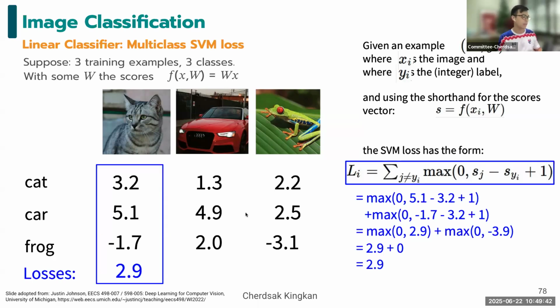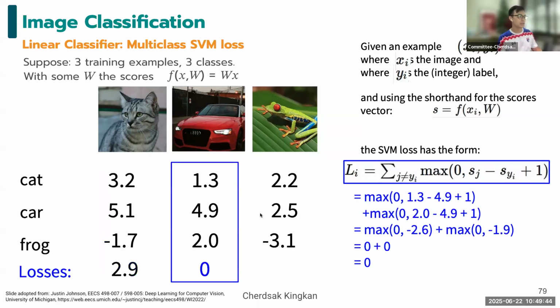All right, for the next image, you feed it into the linear classifier. You compute the first one, the cat. You take a max between 0 and 1.3 minus 4.9 plus 1.